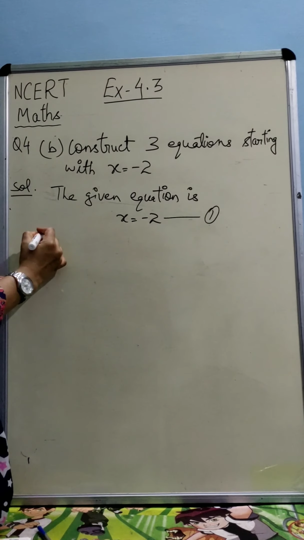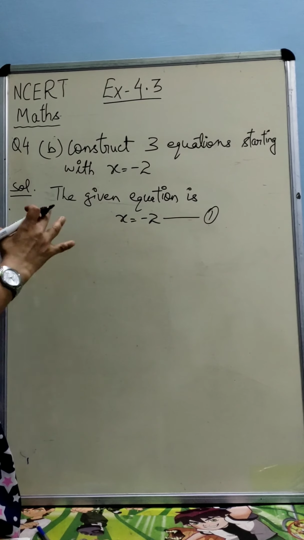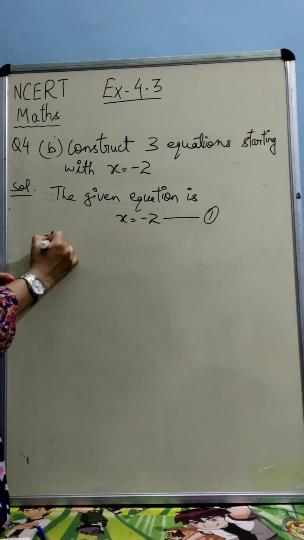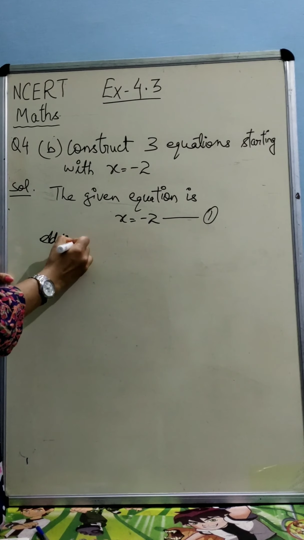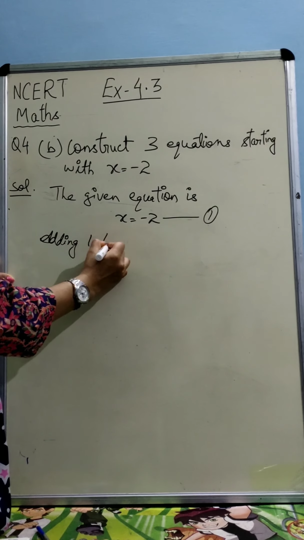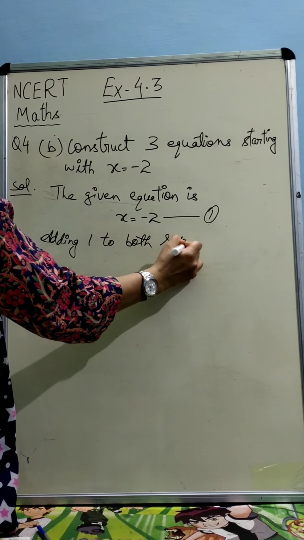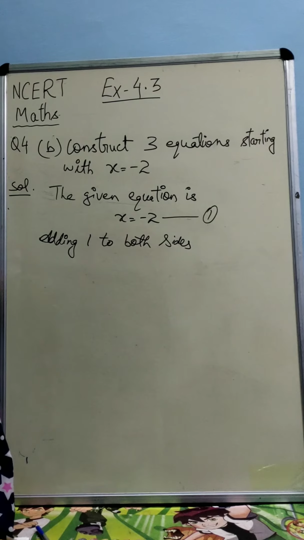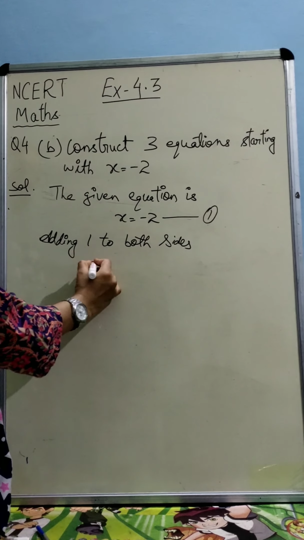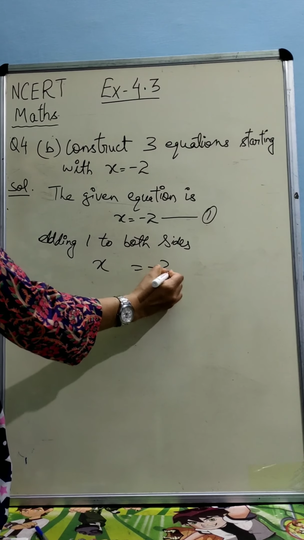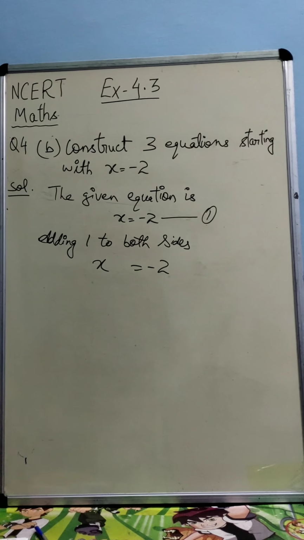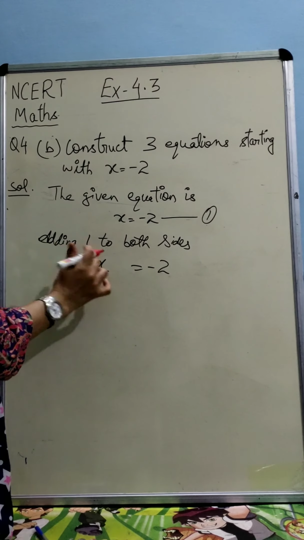So first step we will do is we will just add. We can add any number. So write first, adding 1 to both sides. So x is equal to minus 2 was the given equation. We have to add 1 to both the sides.